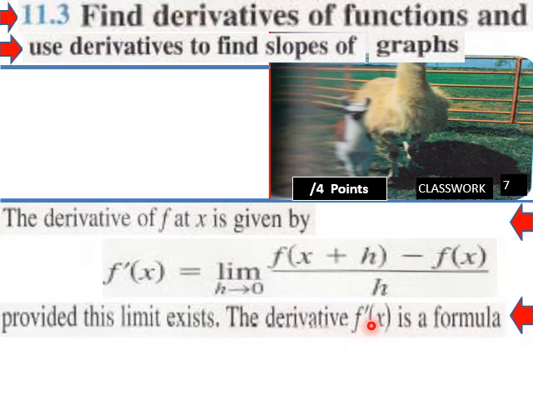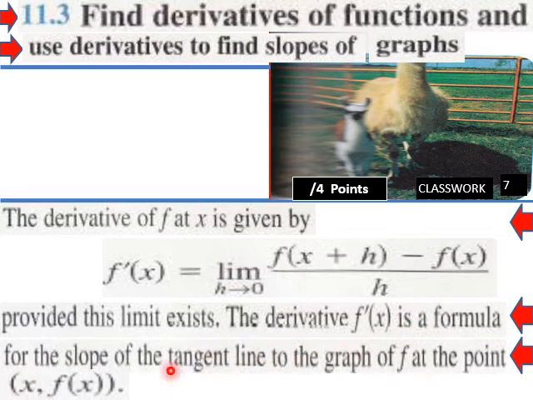The derivative f prime of x is a formula for the slope of the tangent line to the graph of f at the point x, f of x. So this is kind of the rule you can go by. This is kind of like the verbalization of what the difference quotient does.